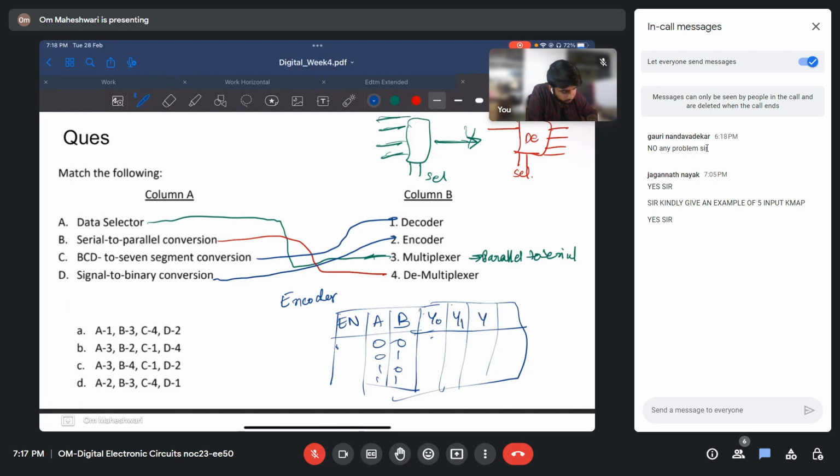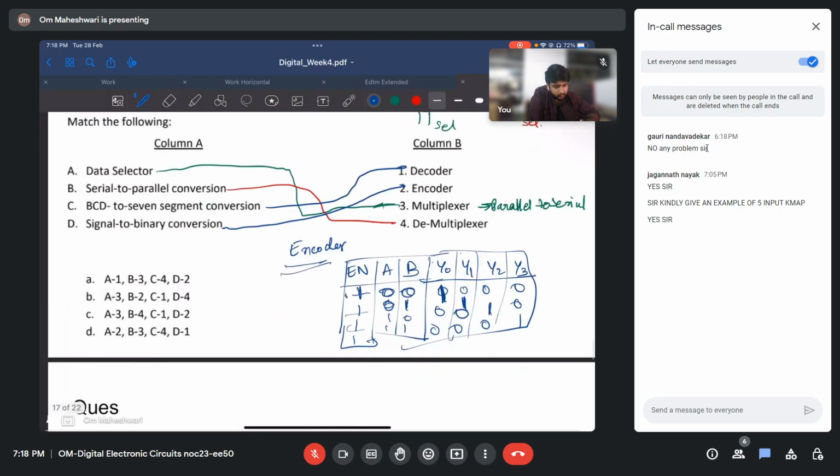Depending on their condition, we will have some outputs. So when A and B are 0, let's say enable is 1 for all, Y0 will be 1. When A and B are 0 and 1, Y1 will be 1. So this is kind of an encoder or a decoder, you can call.